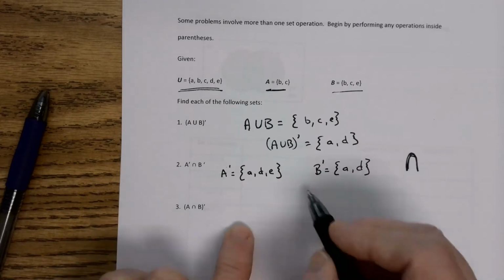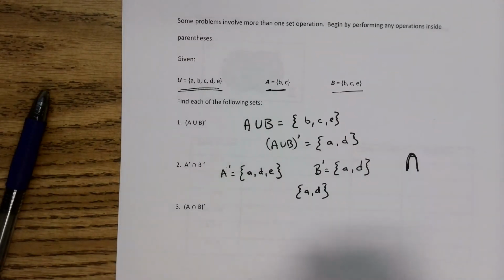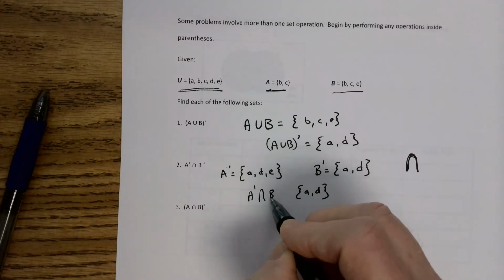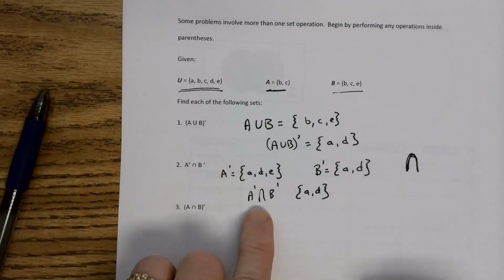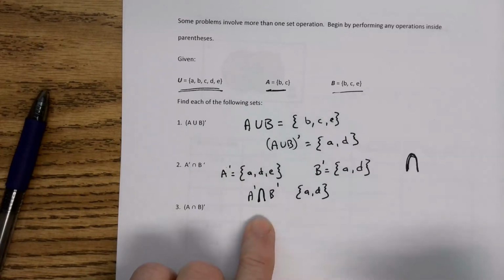A and D. So there's your answer right there. So A complement, union, B complement. Not union, intersect. Sorry. A complement intersect B complement.